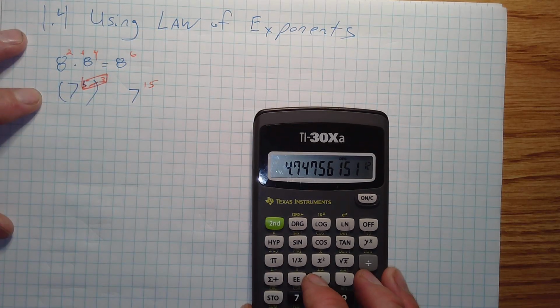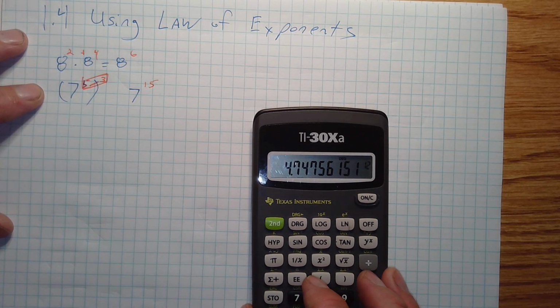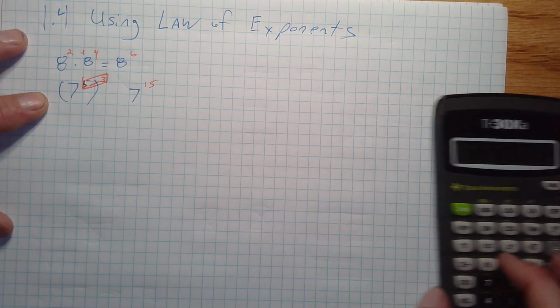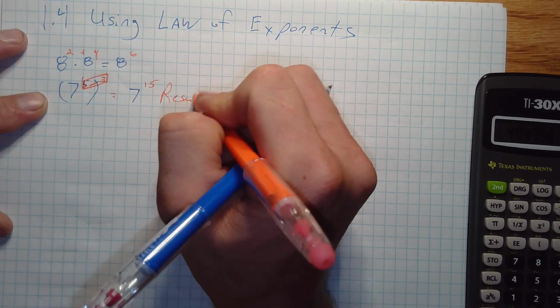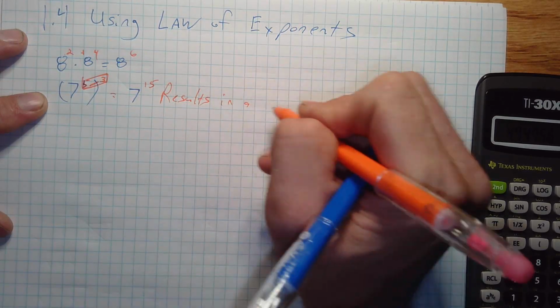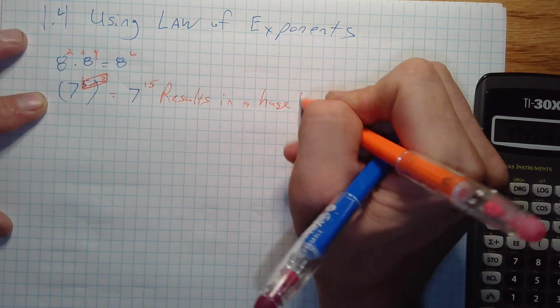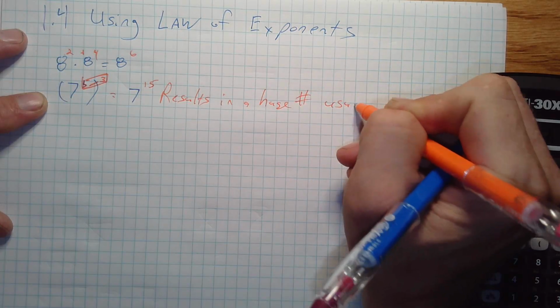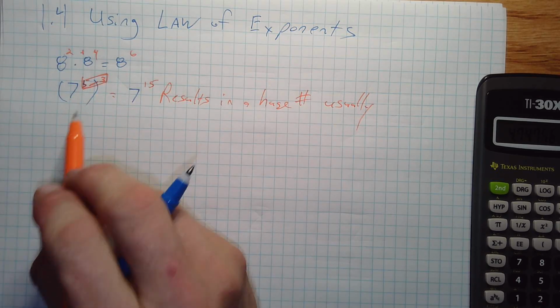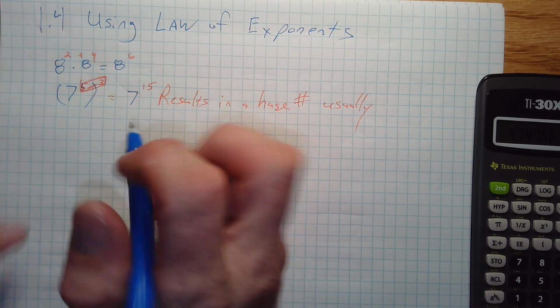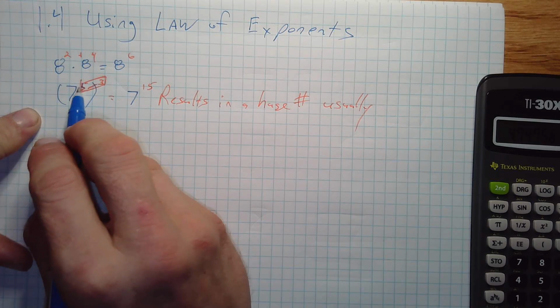The power of a power usually results in a huge number, usually, especially the bigger the numbers here.